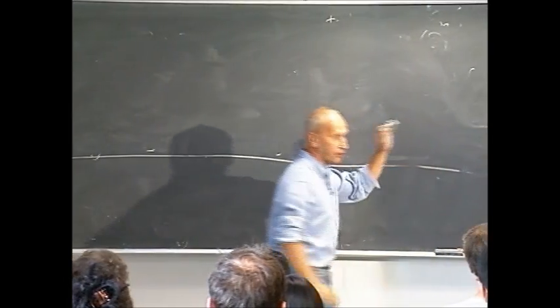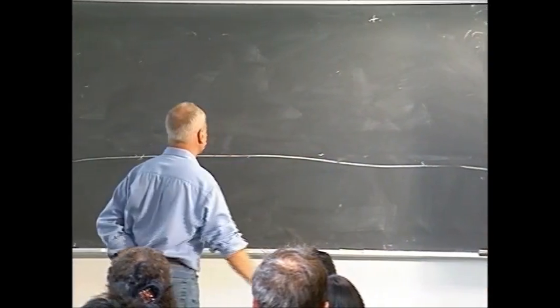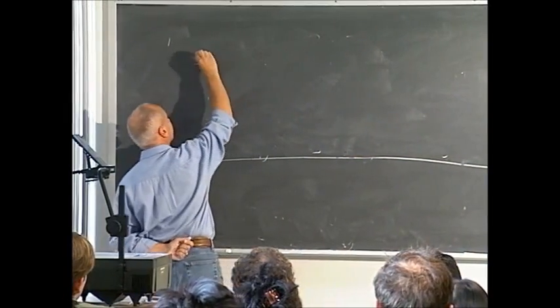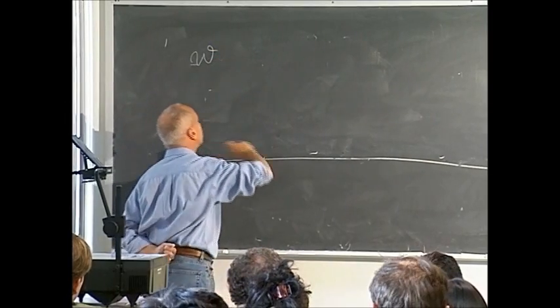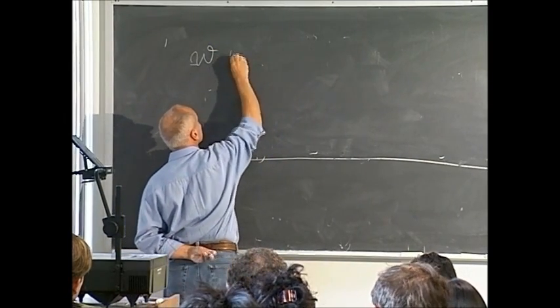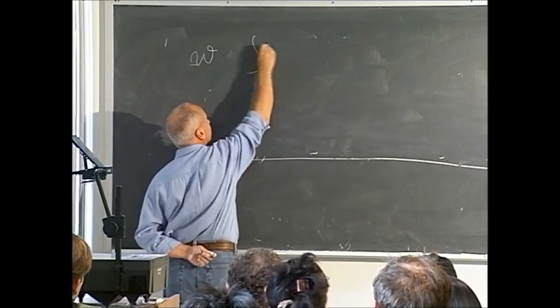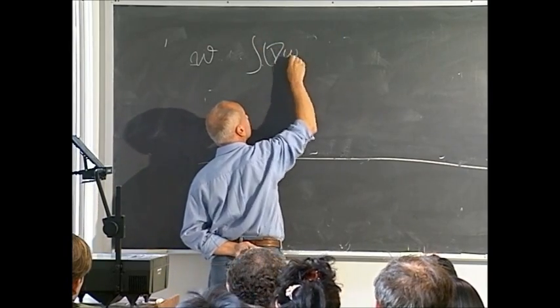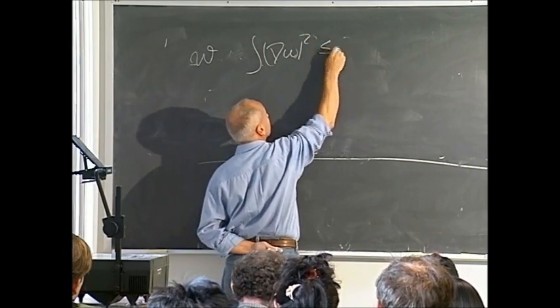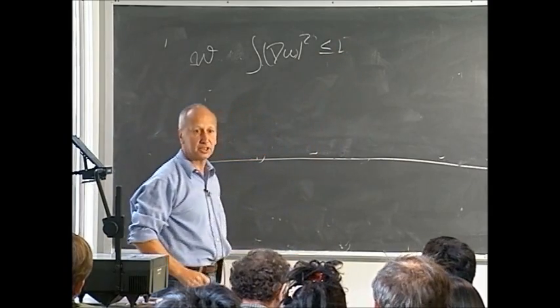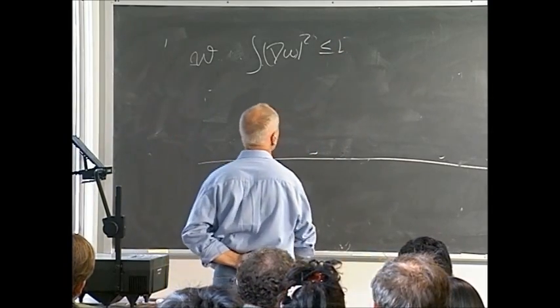So now we have a function w which is in H1, so the integral of gradient w squared is bounded, let's say less or equal than 1, for instance, and w is between 0 and 1.